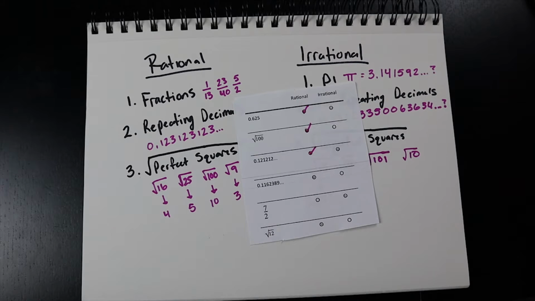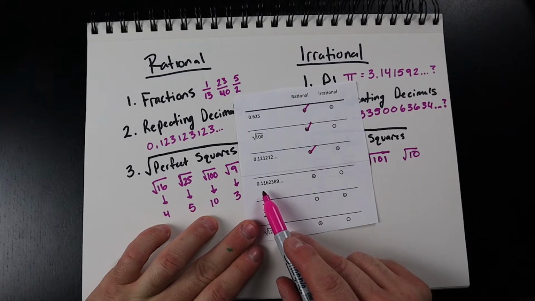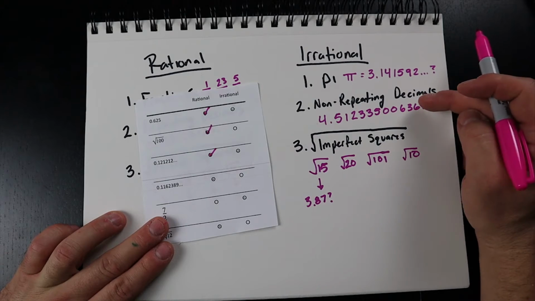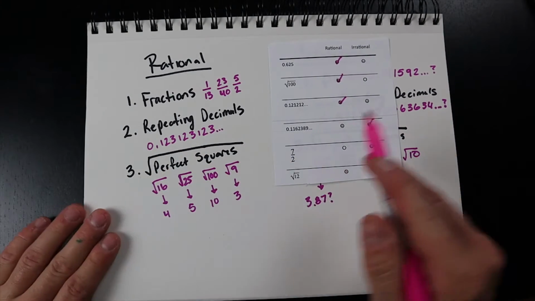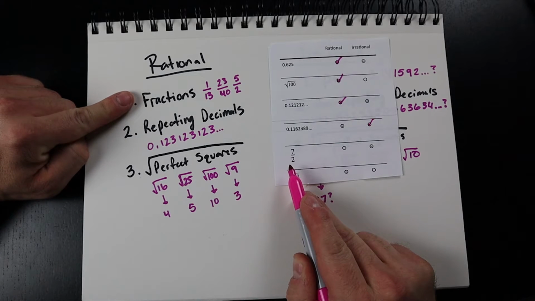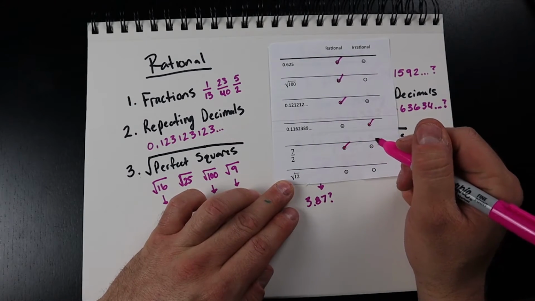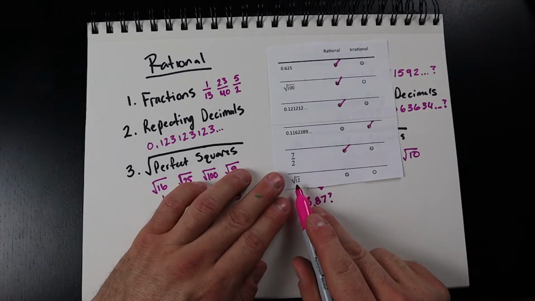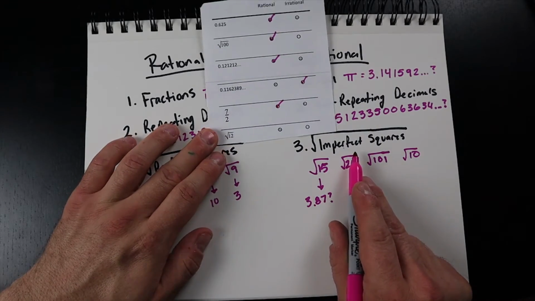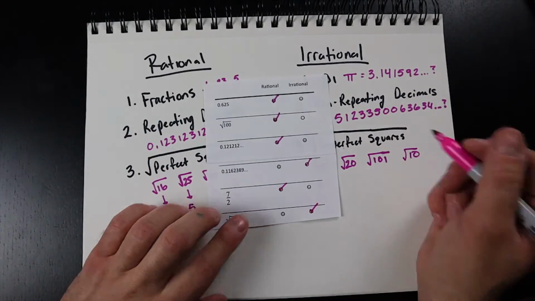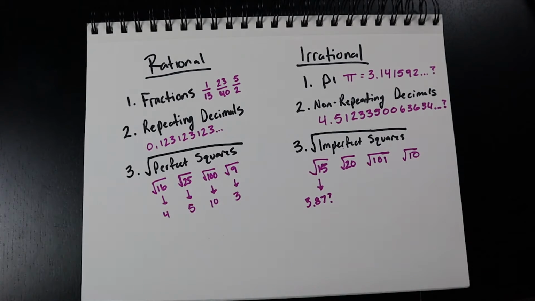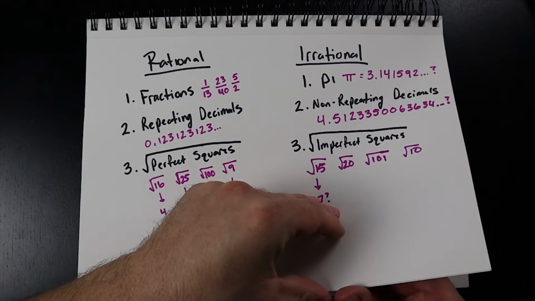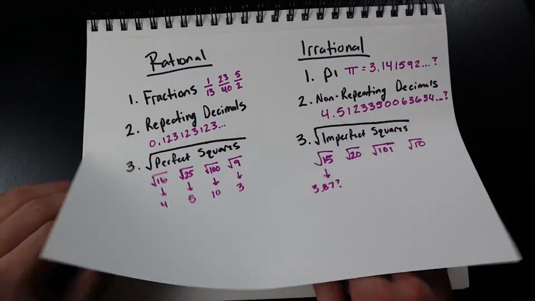Another rational number. A non-repeating decimal cannot be predicted, and so cannot be rational. 7/2 is simply a fraction, which automatically makes it rational. And finally, the number 12 is not a perfect square, so the square root will not be predictable, making it irrational.